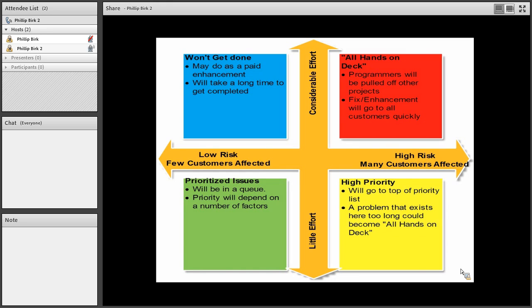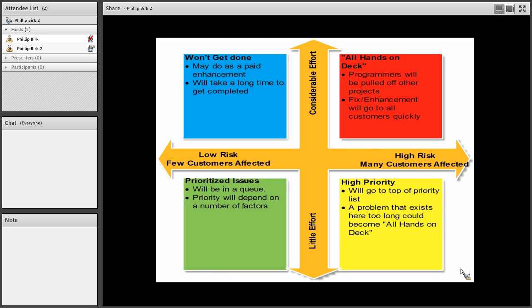Here's another way to look at it, and this is where there's the support organization at your vendor. This is the axis that they are most likely looking at when you call in an issue and it gets put into their tracking system. On one axis, how much risk, the same thing that we talked about on the last slide.